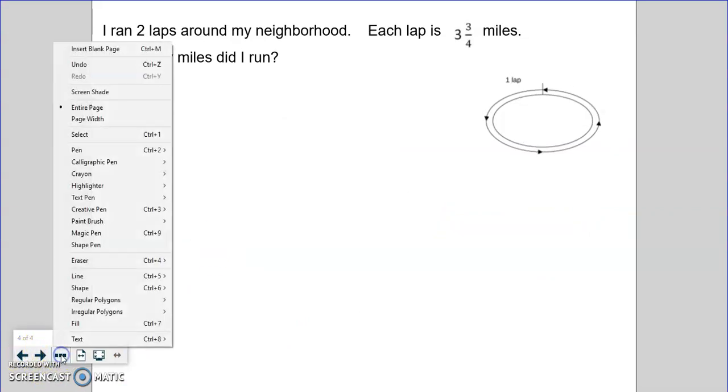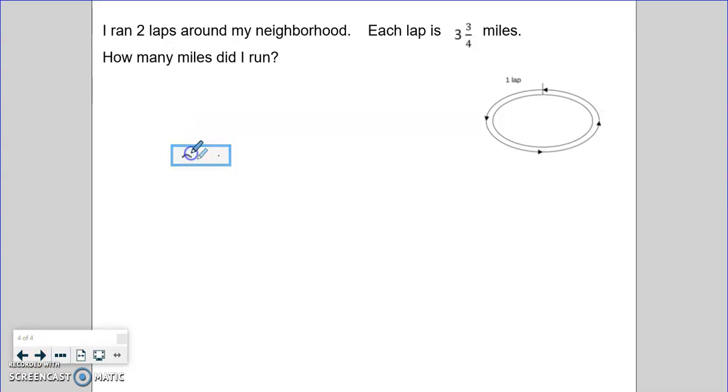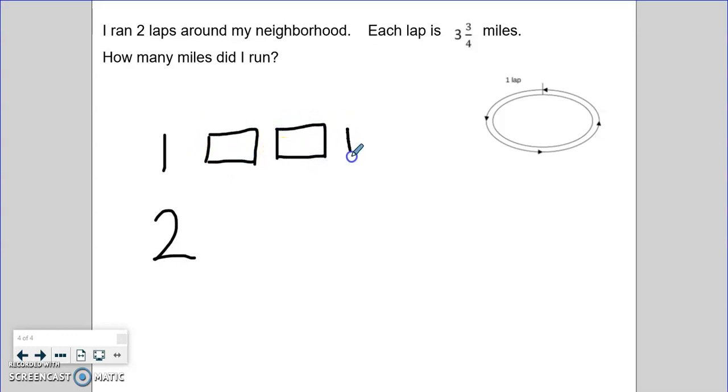I ran 2 laps around my neighborhood. 1, 2. Each lap is 3 3/4 miles. 1 mile, 2 miles, 3 miles, and I'm just going to draw a whole one.